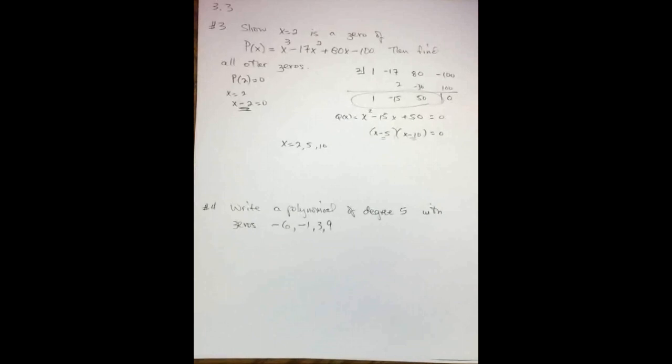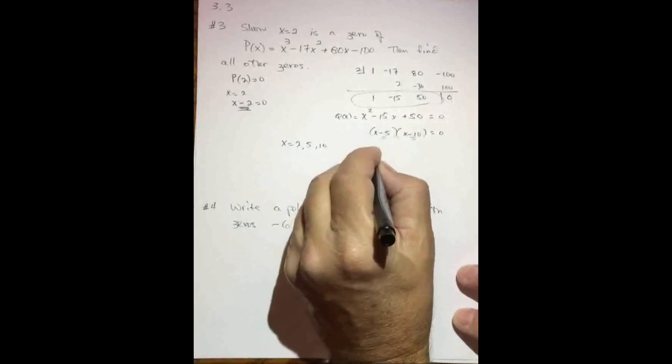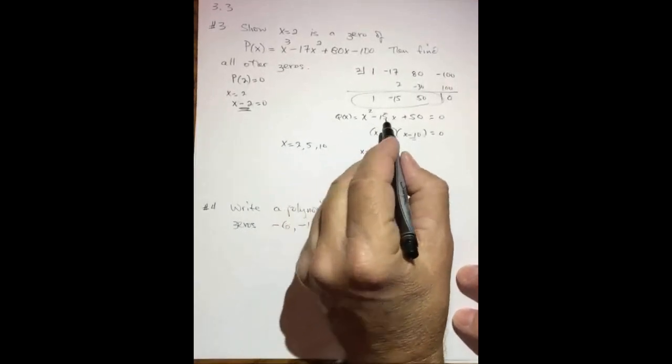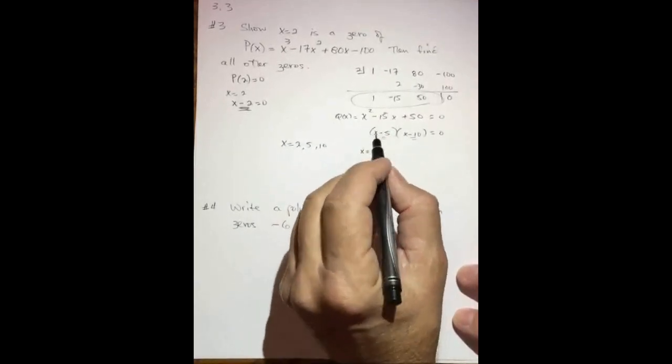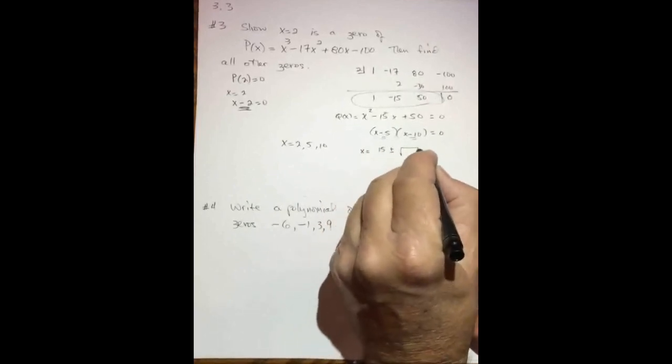Now, what would you have done if you could not have factored it? Well, you would have used the quadratic formula. So let's do that real quick. By the quadratic formula, you change the sign, so you get 15 plus or minus.